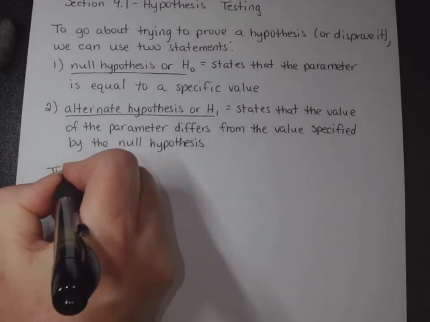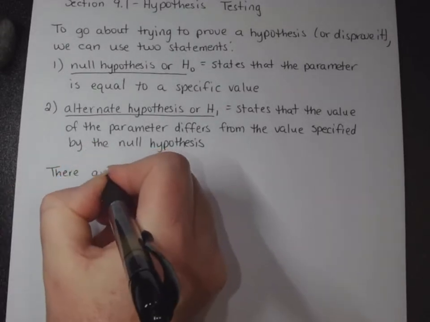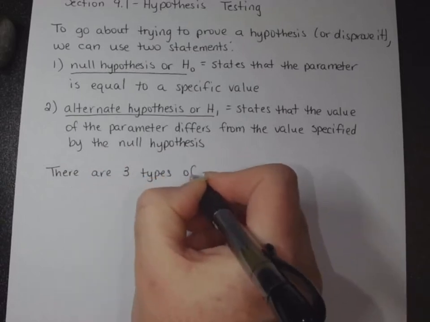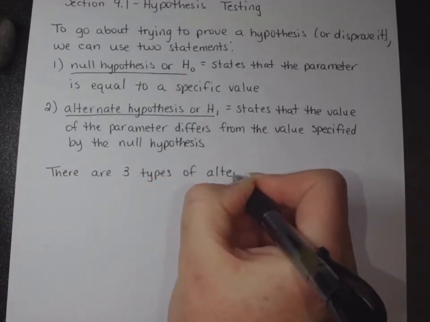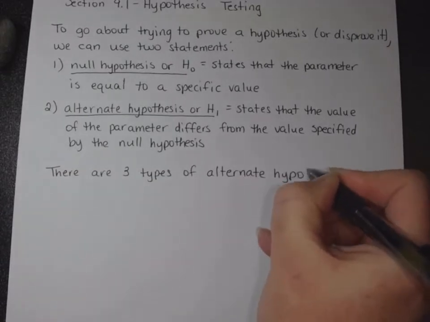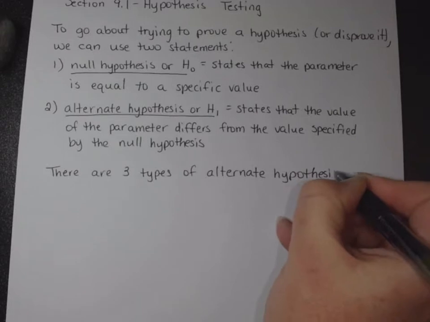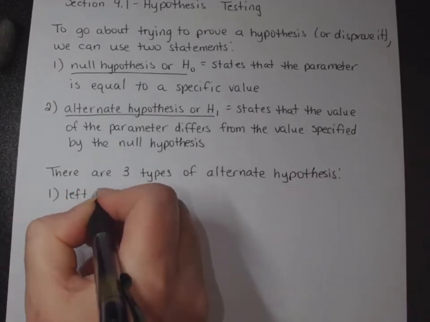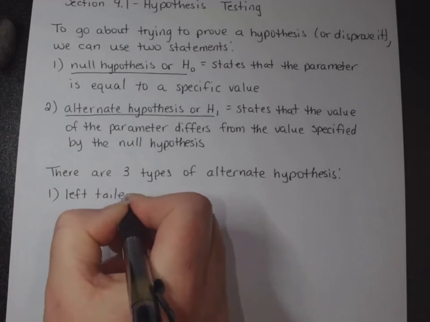All right, so the null hypothesis is kind of general. It's always kind of the same look. But the alternate hypothesis has three kinds of types. The first one is called a left-tailed hypothesis.